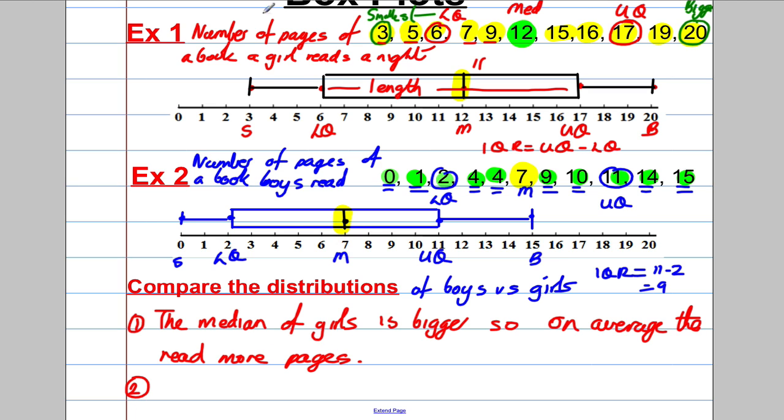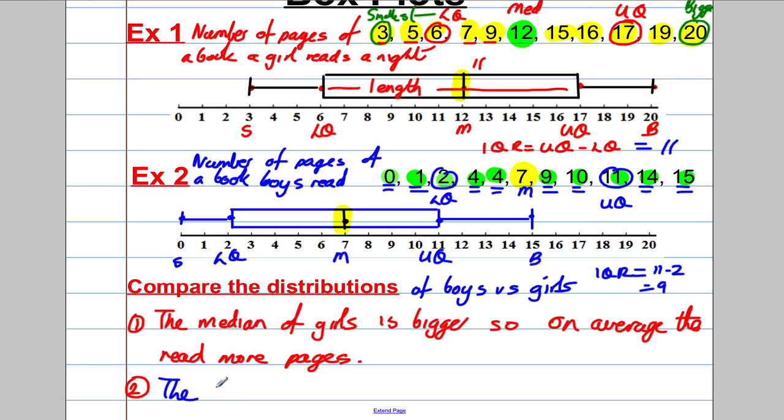And the next thing we're going to do, we always have to do this, is compare the interquartile range. Now the interquartile range is the length of the box. The length of this box, we said, was 17 take away 6, which was 11. And the length of this box is equal to 9. So clearly the girls' length of box, the interquartile range, is bigger.